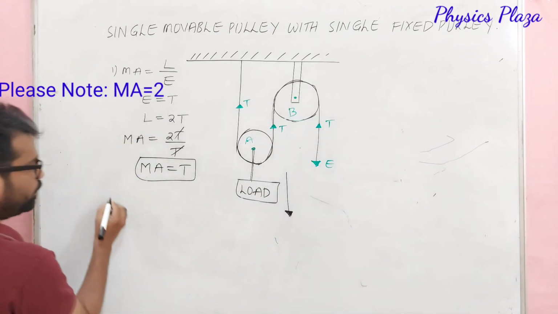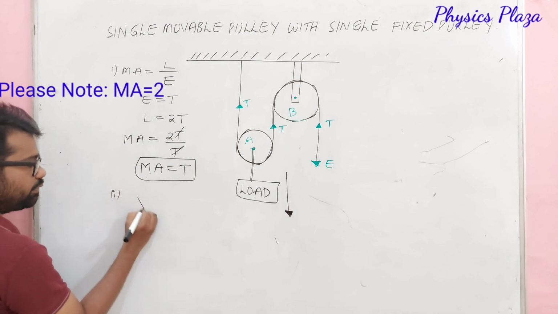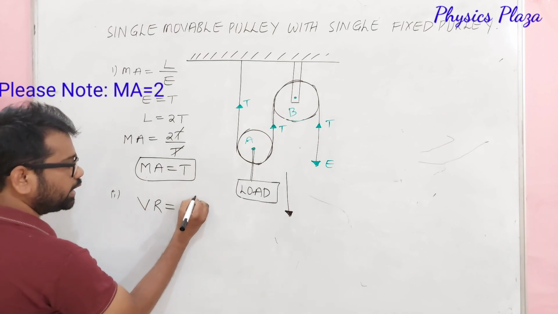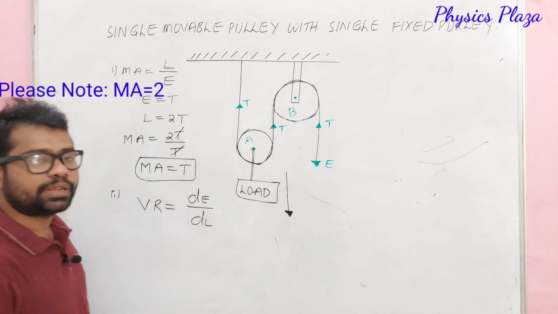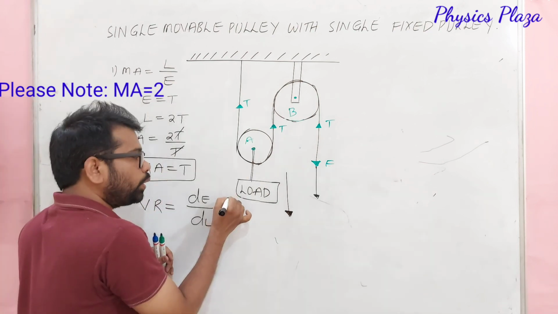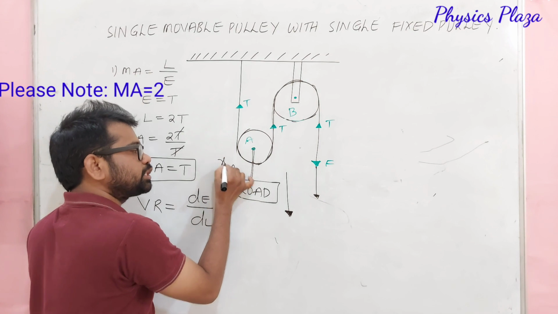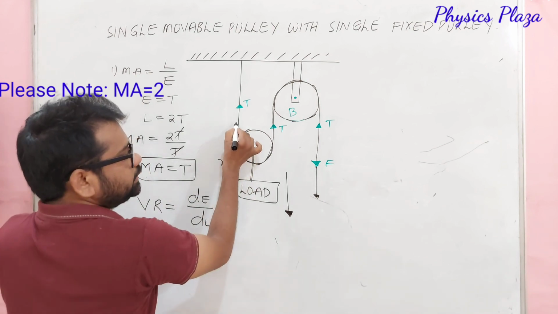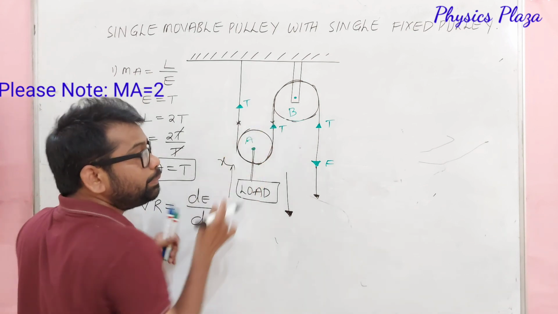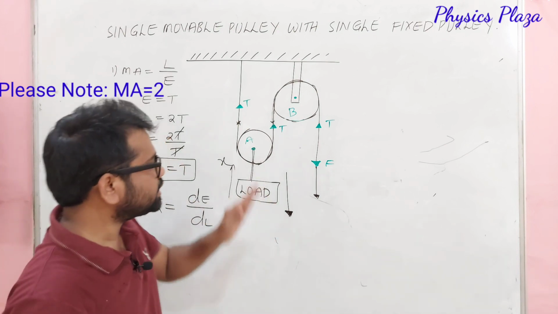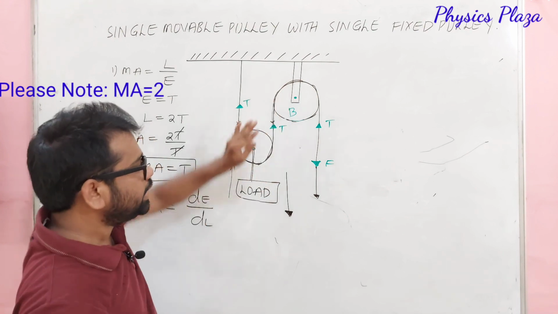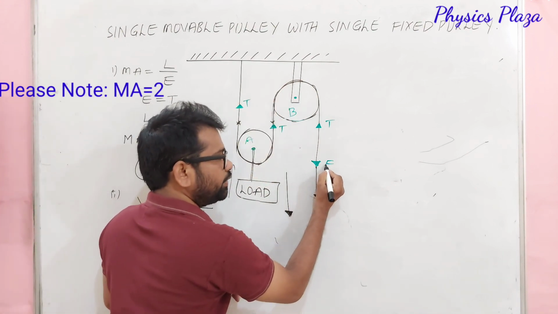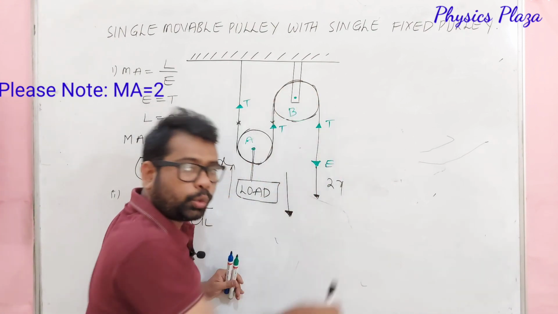Now let us see velocity ratio. Children, velocity ratio is equal to what? Effort displacement by load displacement. So the load is raised vertically upwards by x displacement. Then what will happen? These two segments both will be loosened by x. As a result, x plus x, so the effort will move vertically downwards by 2x.